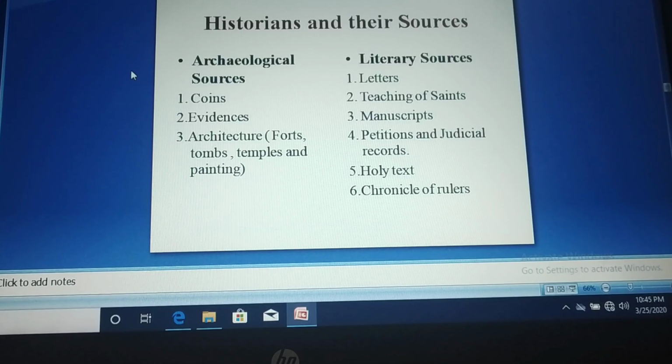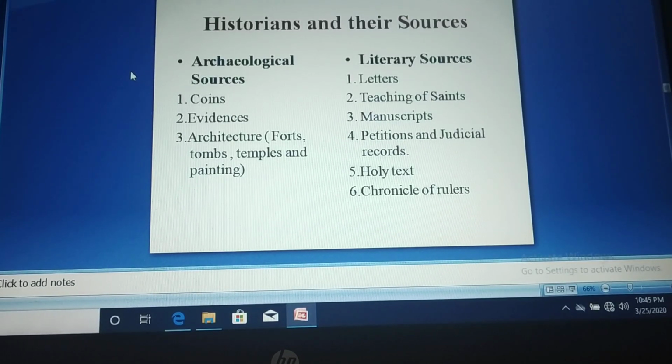Archaeological sources contain architecture, forts, tombs, temples, paintings, evidences and coins, and the literary sources include letters, teachings of saints, manuscripts, petitions, judicial orders, like farmans which rulers used to issue, and holy texts.